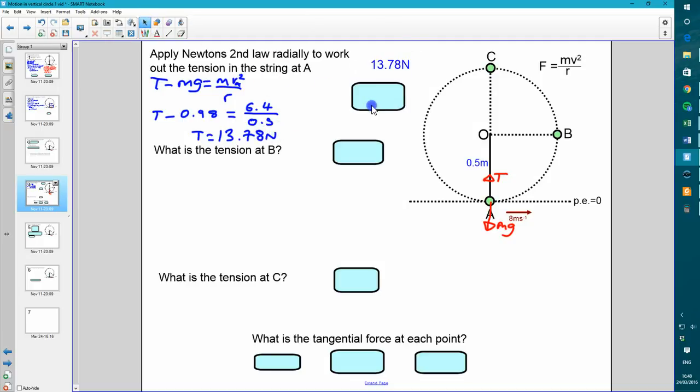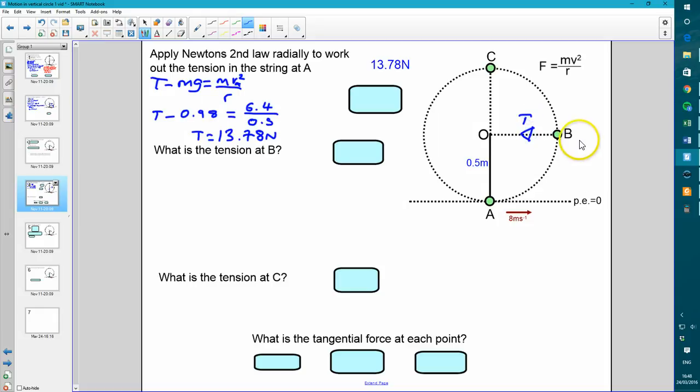And just check that that's what we've got over there, 13.78 newtons. Okay, so we also want to know what the tension in the string is at B. So let's have a think about what's going on at B. Let's rub that out. So at B, my tension is going to be in this direction over here, and my weight is going to be acting in this direction over here.